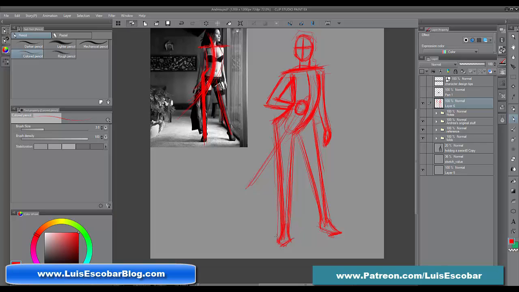What ends up happening is that eventually, as you start putting more and more detail on this basic gesture, on this basic pose, it's going to start losing more and more energy. So if you exaggerate it, as you put stuff on it and you begin to lose the punch, the energy, it'll still be clear.